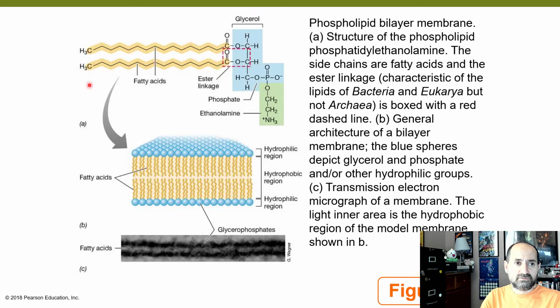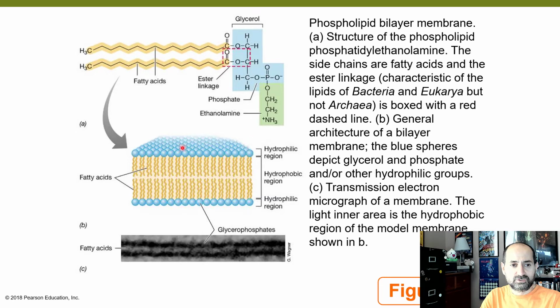And these phospholipid units form a bilayer with the heads pointing outside of the cell because the heads are charged and hydrophilic, with the tails pointing into the middle of the cell membrane, because those tails are hydrophobic. So you have what's known as the hydrophobic region of the plasma membrane, and that is where the tails live.